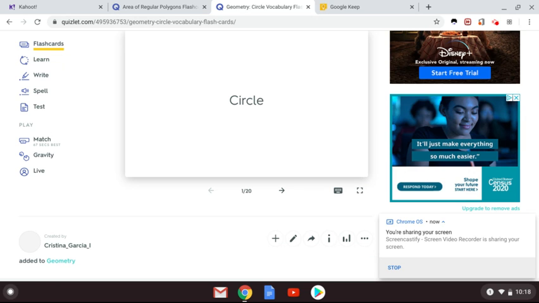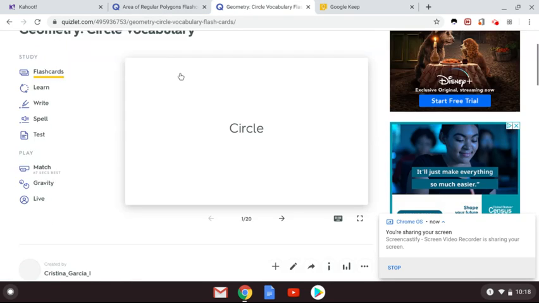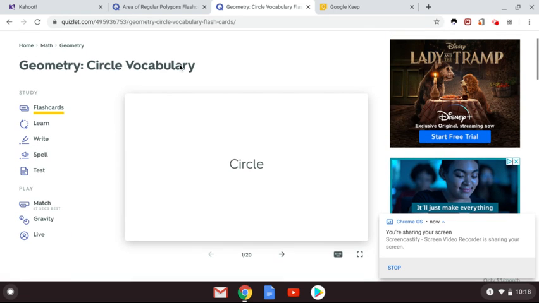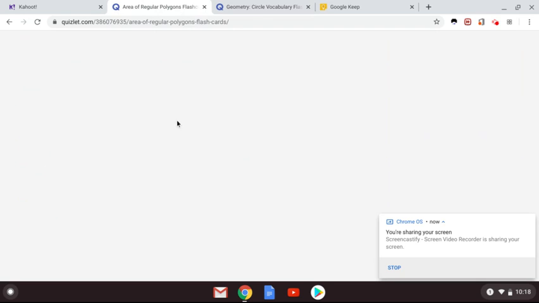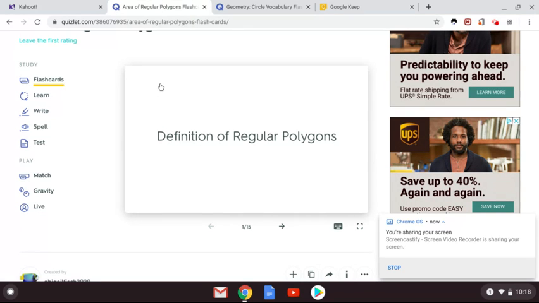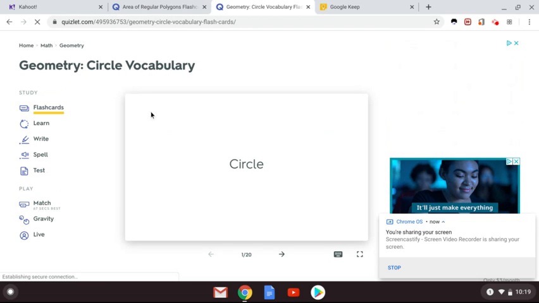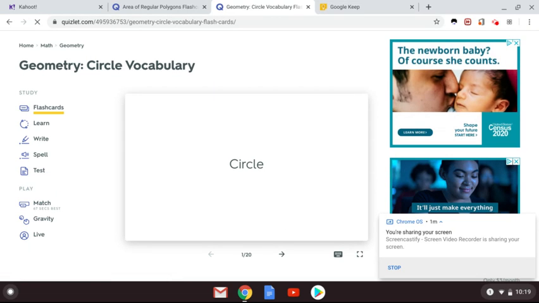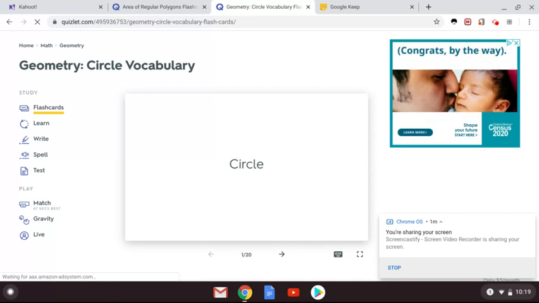And then what we're going to be doing is going on to Quizlet. There are two review guides that I have for you. We have the circle vocabulary, and then we have the one that is finding the area of regular polygons flashcards. For both of these, these are just vocabulary flashcards, just to help you review the vocabulary.